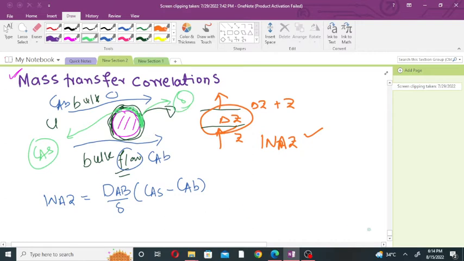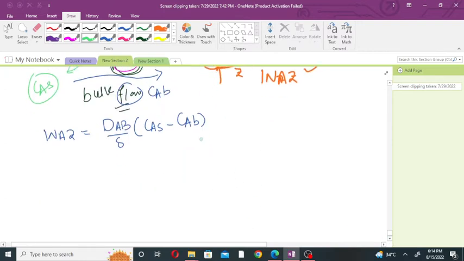So now we obtained the flux through the stagnant layer present around the catalyst pellet. Now we can further write this flux as W_Az equal to K_c times (C_AS, the concentration at the surface of the catalyst, minus the concentration in the bulk flow).